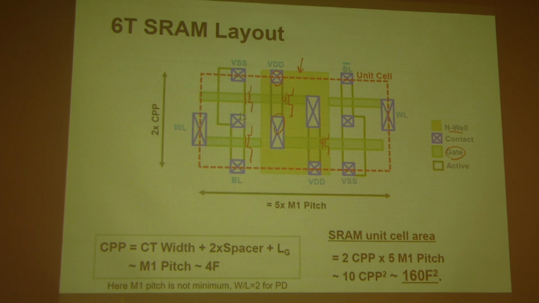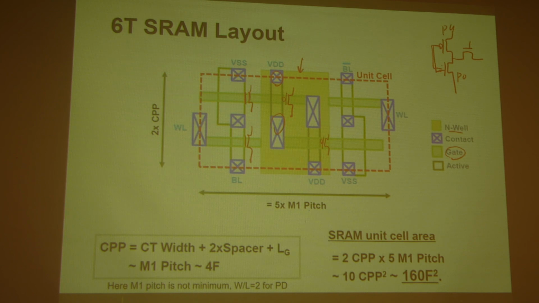Pull-down. The reason is that here you need to correlate this layout back to the circuit schematic. In the circuit schematic, let's draw half of the circuit. This pull-down and pull-up share the same gate.